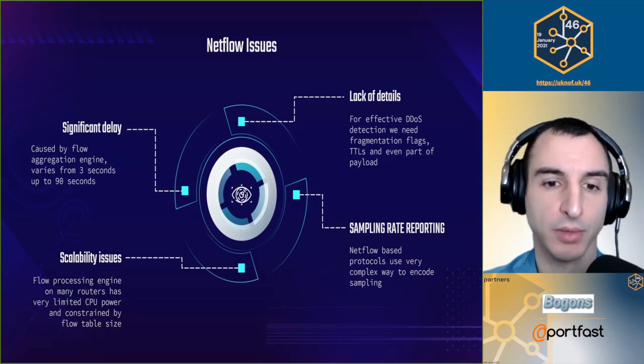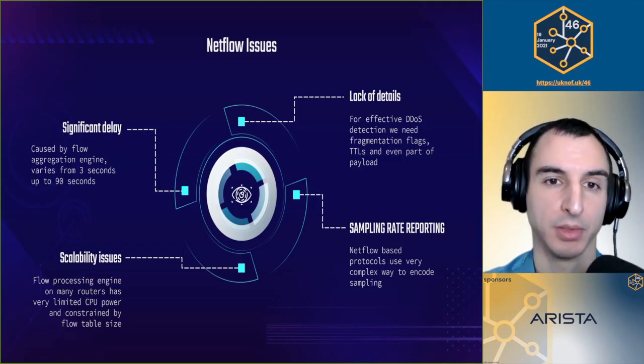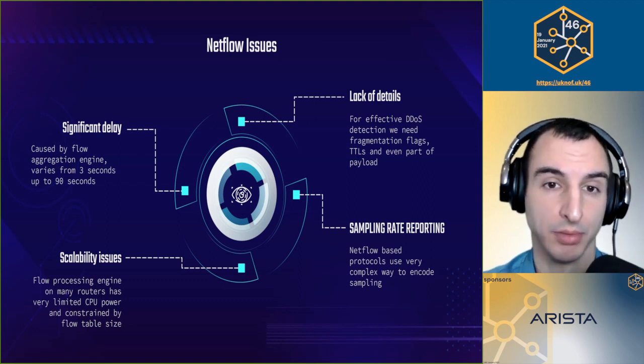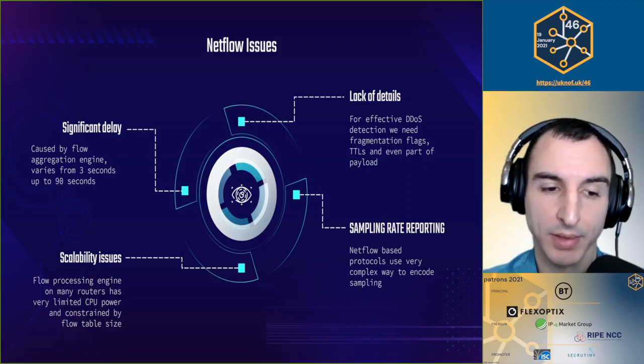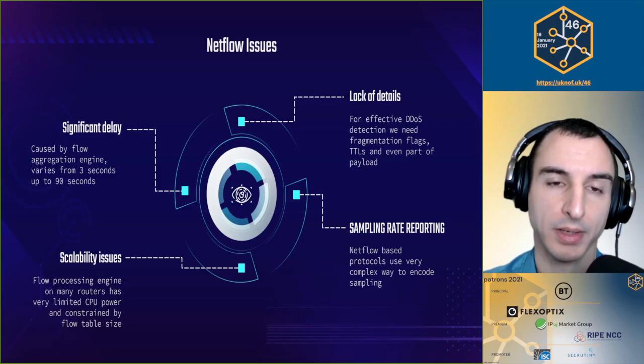And in the case of software routers, it's actually much worse because it may cause connectivity issues or problems with packet forwarding, because in software routers, NetFlow processing and forwarding use the same CPU, which can easily be overloaded by NetFlow itself. And one more issue is in NetFlow 5.